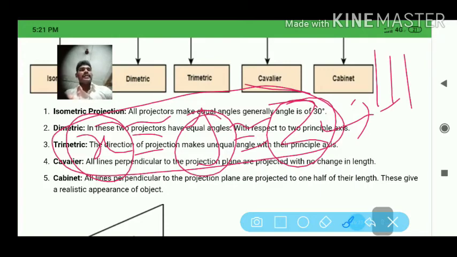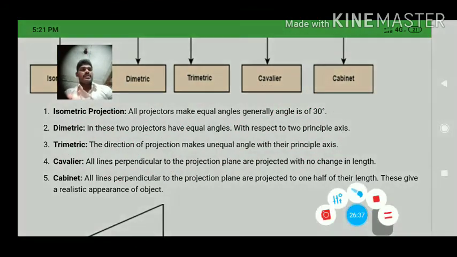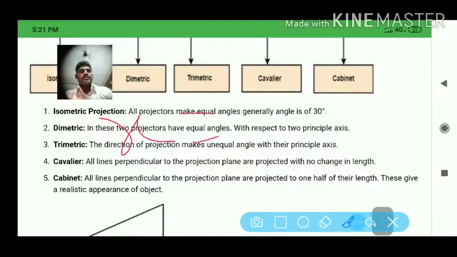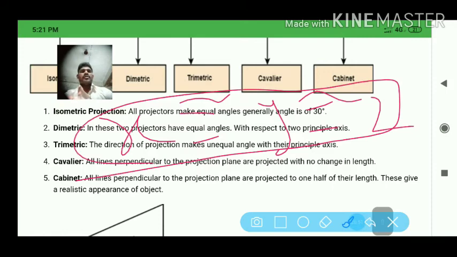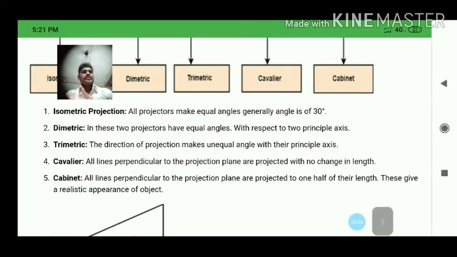So in isometric, all lines are making equal angles to all x, y and z axes. That means x equals y equals z. These are all making equal angles to all axes. This type of projection is called isometric projection.